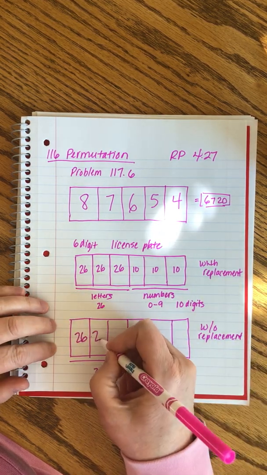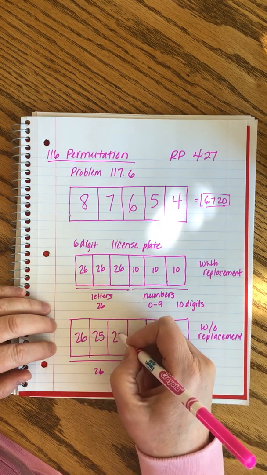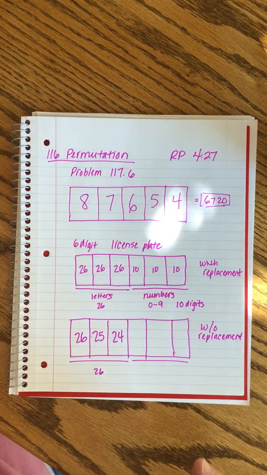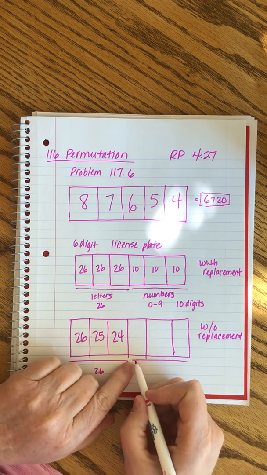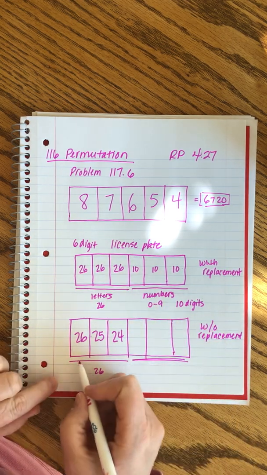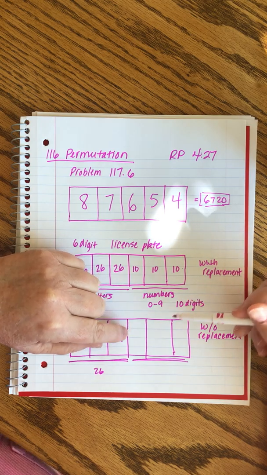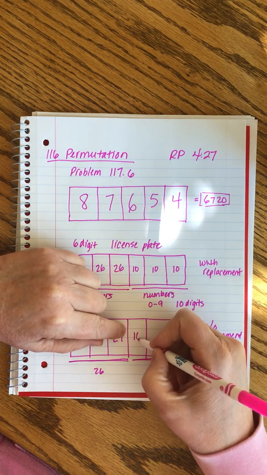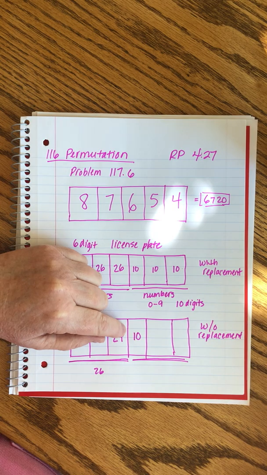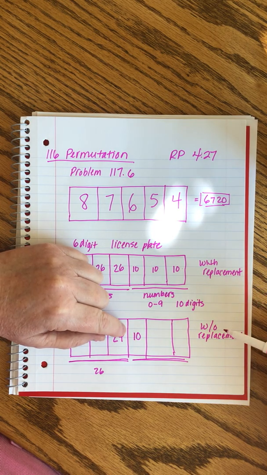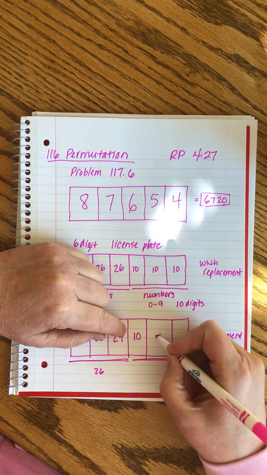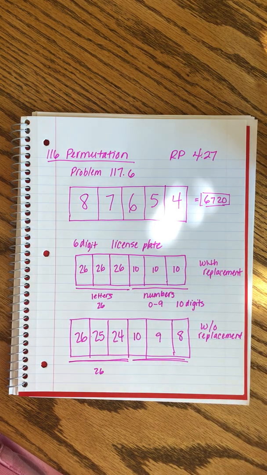Now, the next time you can't repeat it, and the next time you can't repeat those either. Now we're done with the letters. Now we switch over to our numbers and our digits. How many digits do we have to choose from in the first blank? 10. 0 through 9 represents 10 digits. If we can't replace them, then that means we go to 9 and to 8.